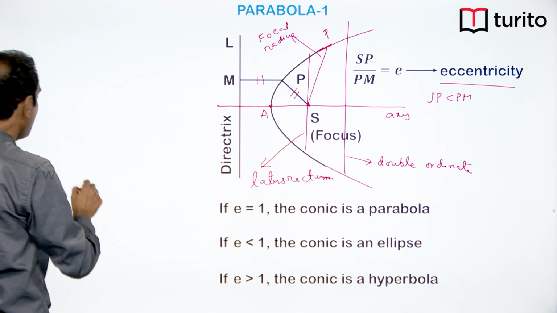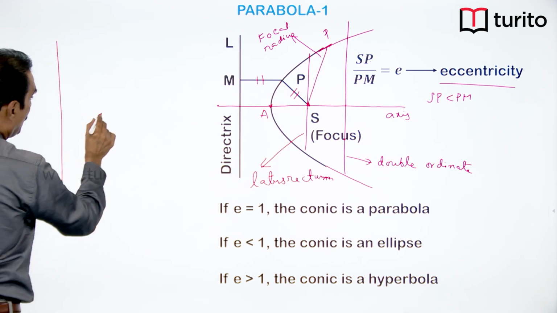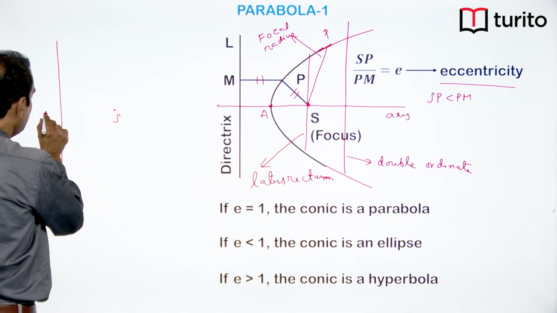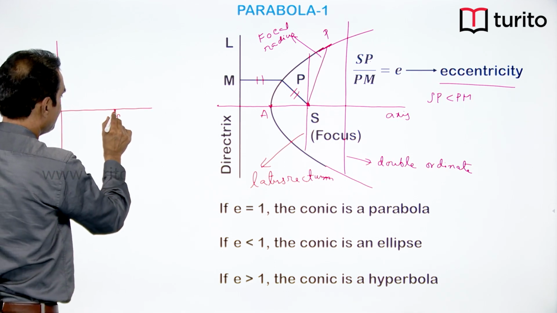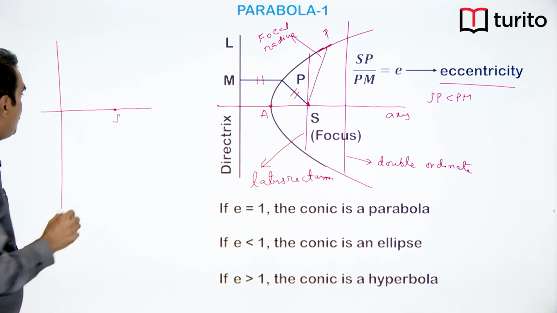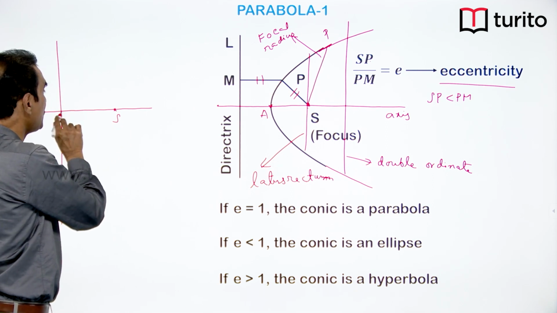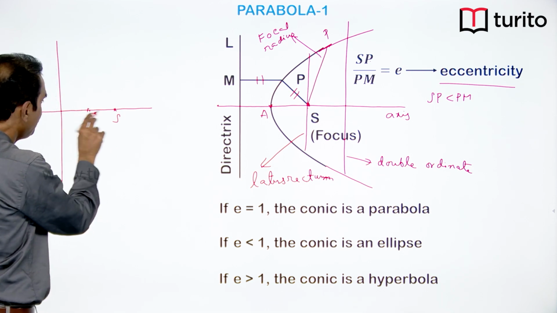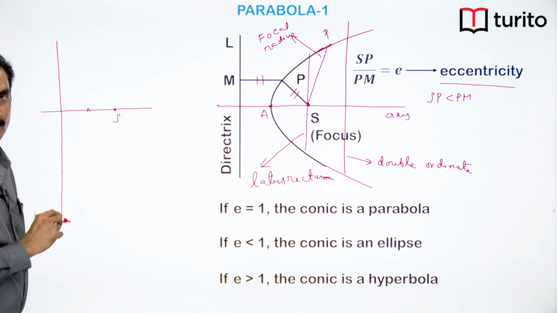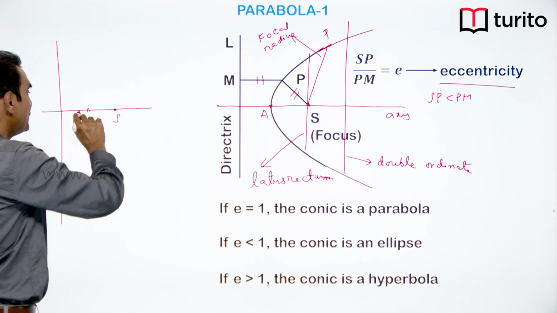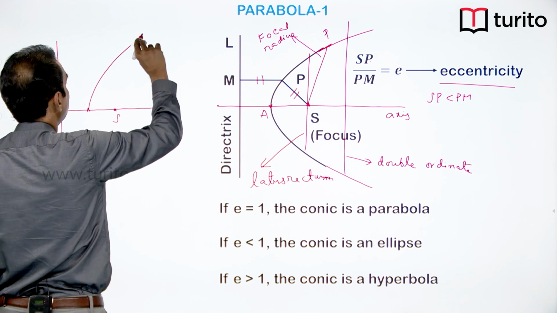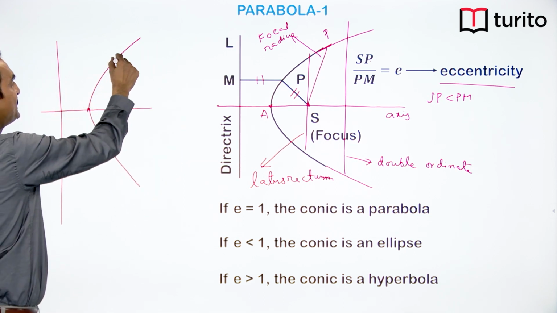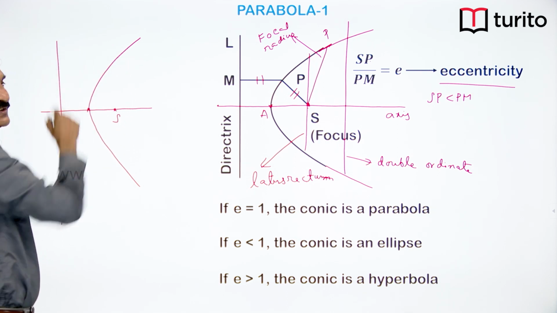So, with the same focus and same directrix, if you draw the three different conics, for parabola, the point will be equidistant from focus and directrix. So, if you take the midpoint of this, the parabola passes through the midpoint, and if you join all points which are equidistant from this and this, this distance will be equal to this distance.